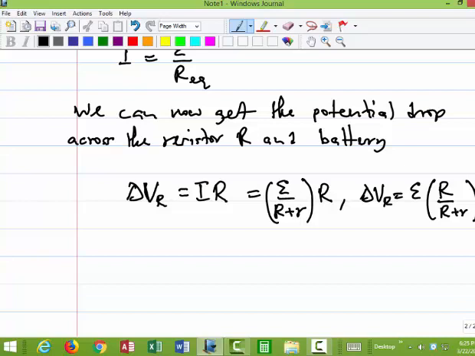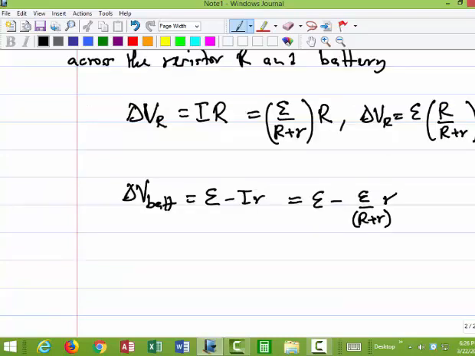We can do the same for the battery also. The potential drop across the battery is equal to E minus current times little r. I is equal to E over (R plus little r), and we multiply that by little r.